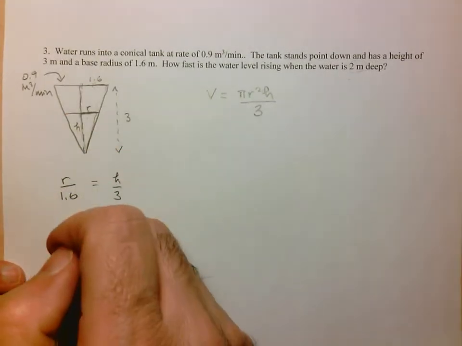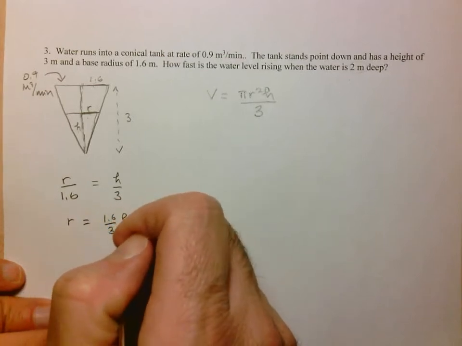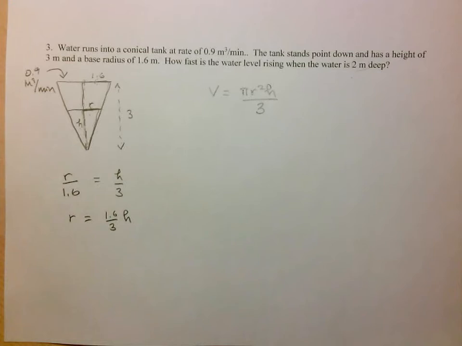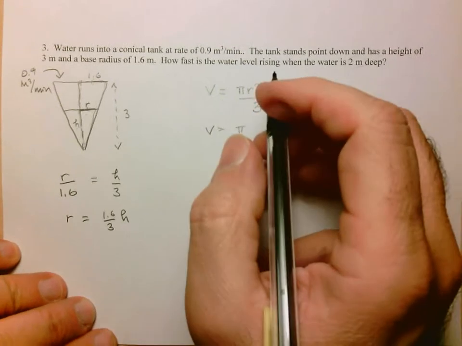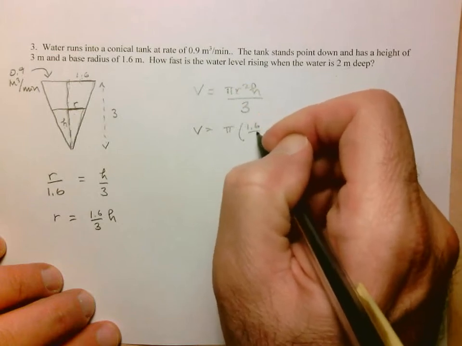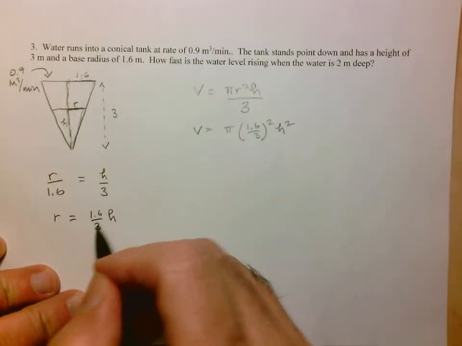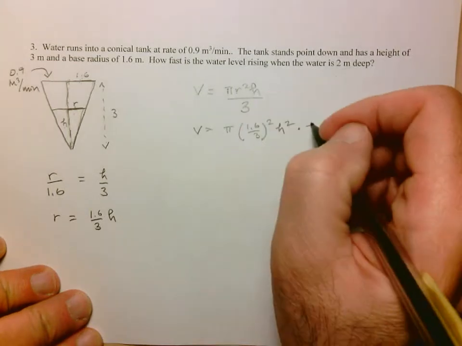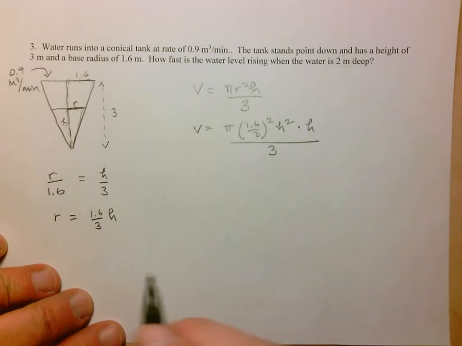From this I can solve for r in terms of h. So r is 1.6 divided by 3 times h. I'll just leave it like that for now. Now I can input this into my equation. So volume is equal to pi times 1.6 over 3 squared times h squared, so I'm just squaring this expression, times the height, which is in the formula, and of course all divided by 3.